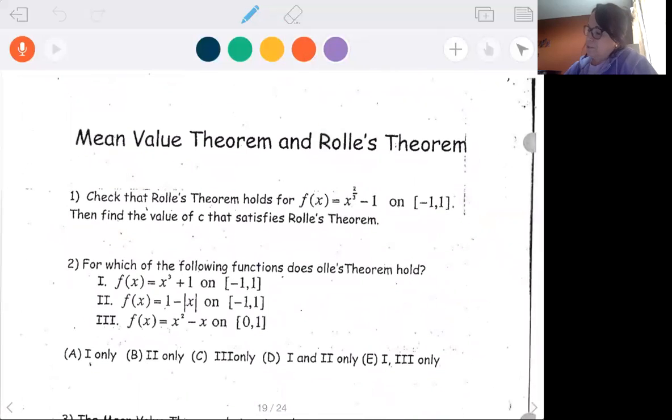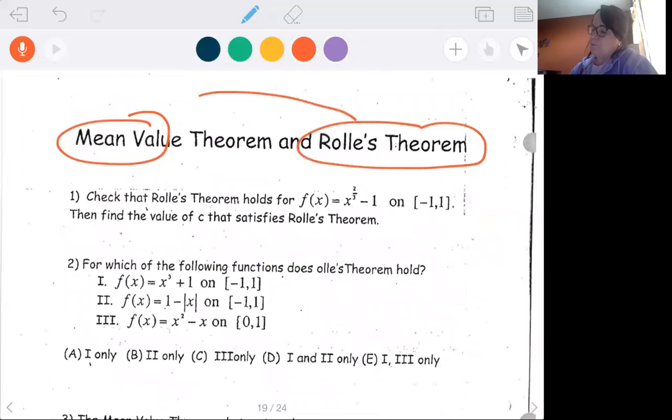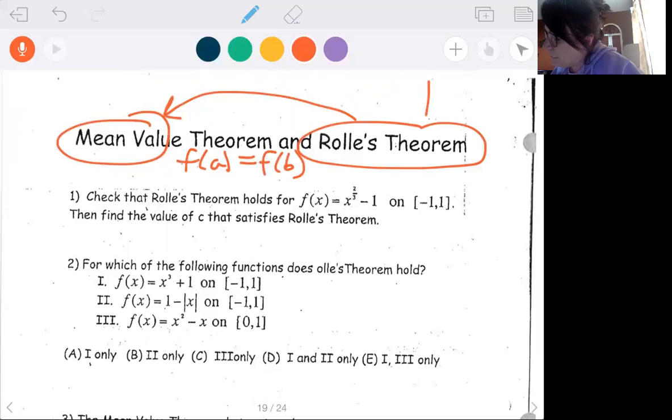So I wanted to look at this page again because we discussed the mean value theorem, but never specifically Rolle's. But remember, Rolle's really is the mean value theorem for the specific case where it says if the function's continuous and differentiable, and there's another caveat to that, with f of a equaling f of b, then there exists some place where the derivative equals, or the slope of the secant line is the same as the slope of the tangent line.